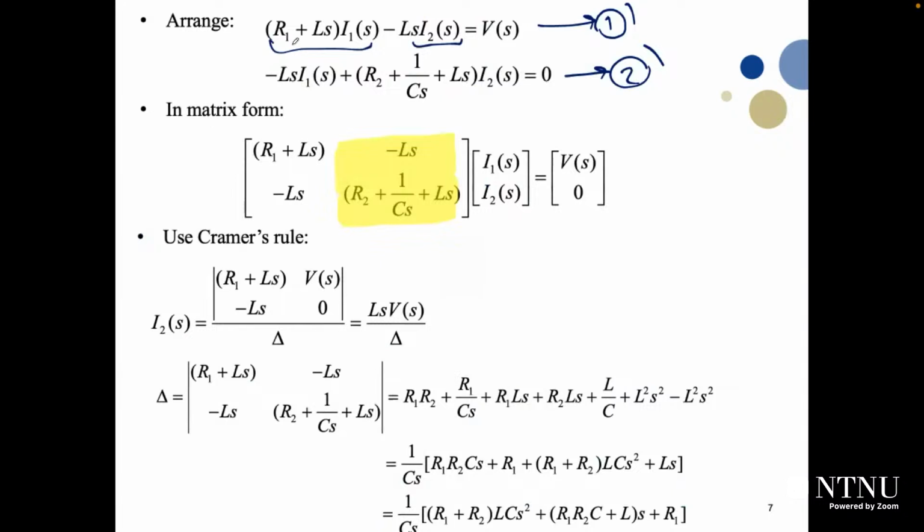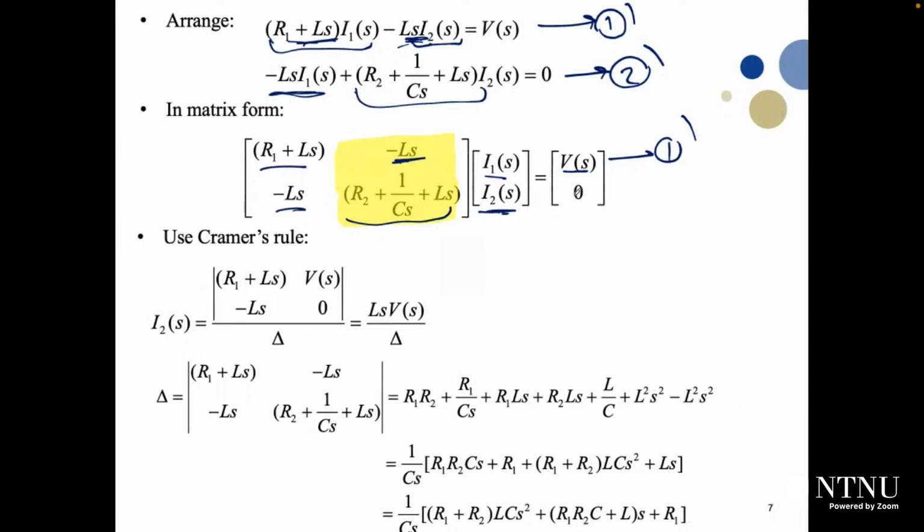So it will be R1 plus LS multiplied by I1 of S minus LS multiplied by I2 of S equal V of S. So in fact, this is equation number 1 dash. In the second row, we will have equation 2 dash. So it will be minus LS multiplied by I1 plus that term multiplied by I2 equals.